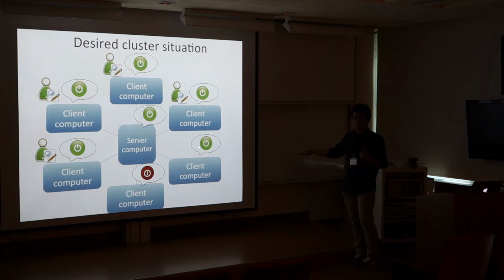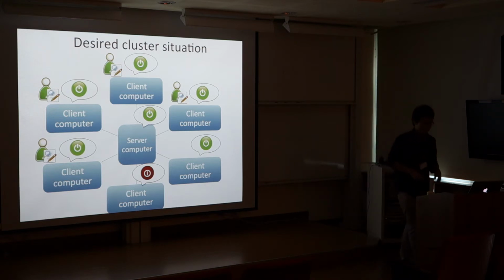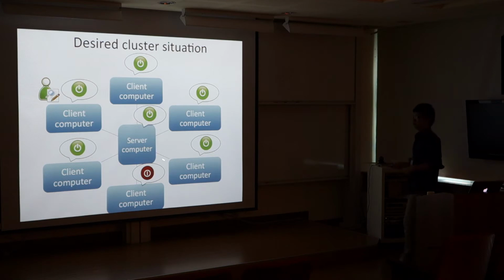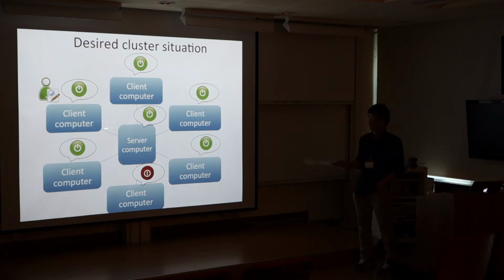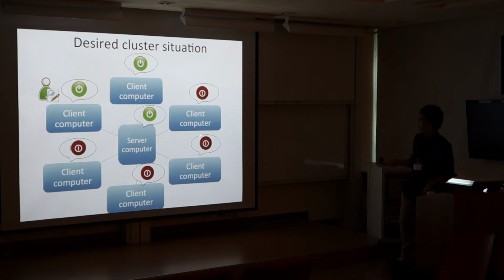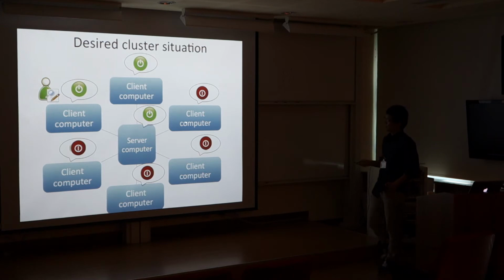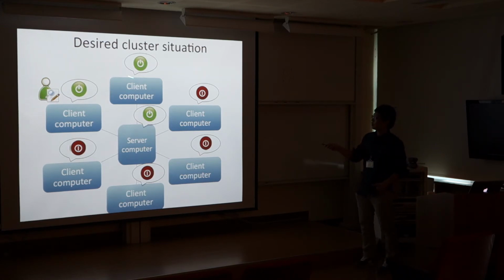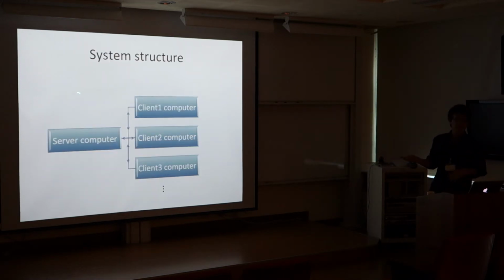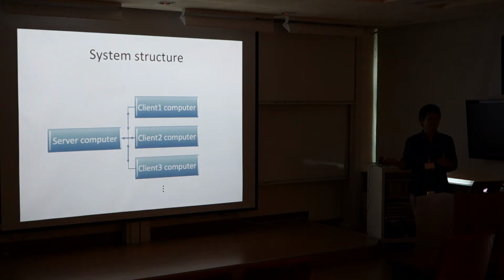It will be left as a spare computer. And later on, there is only one person using the cluster. The server will detect this change, so the server will decide to turn off other computers. There's only one idle computer left. This situation is my goal in developing this system.